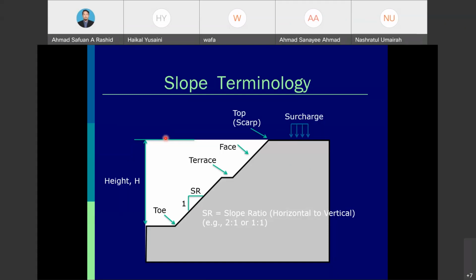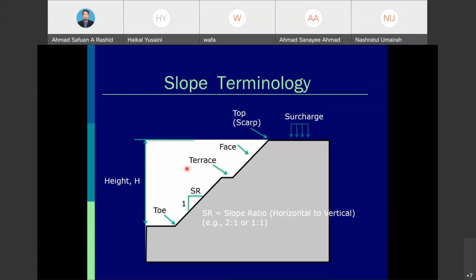However, it should refer to the authority to check what is the distance of any structure to the top of the slope.